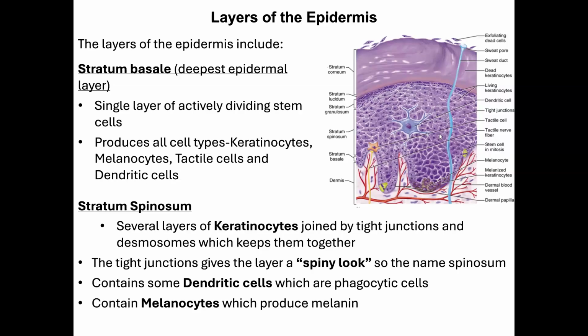So if you look here, there are spines in between connecting two cells. That's why it's called stratum spinosum. It's got a spiny look. And this layer also contains dendritic cells. This is a dendritic cell here. And it also contains melanocytes.